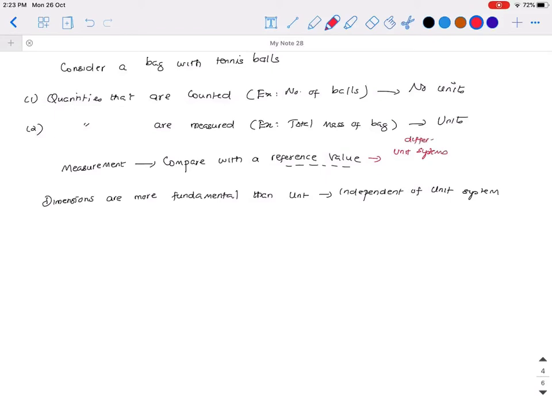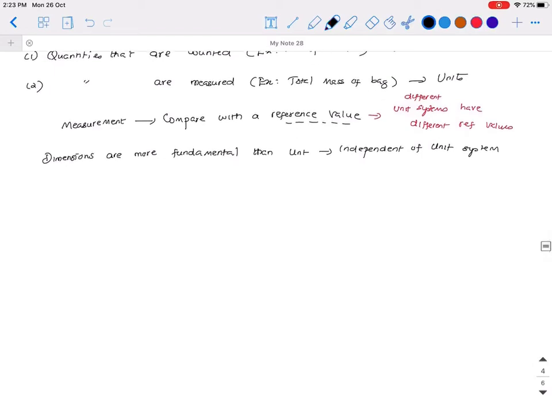When you say SI system or any other system, such as the British system, what is different is the reference value. Different unit systems have different reference values. In SI units, the reference for measuring mass is 1 kilogram. In another system it can be 1 pound. It is this reference value that differentiates different systems of units, but dimensions are independent of the unit system.